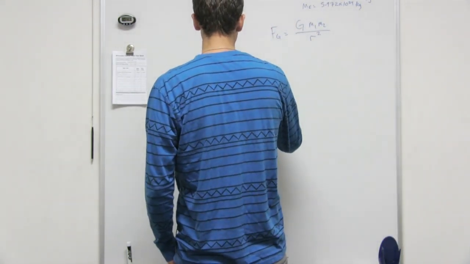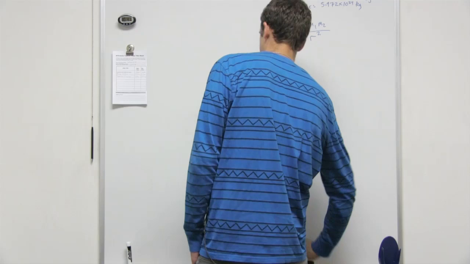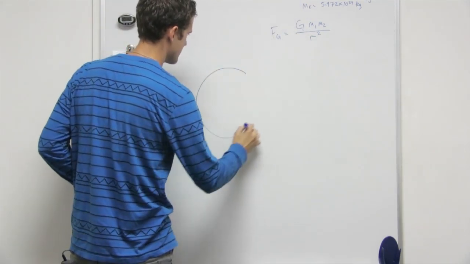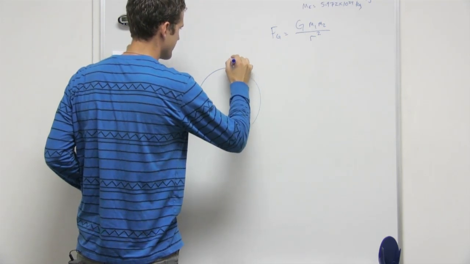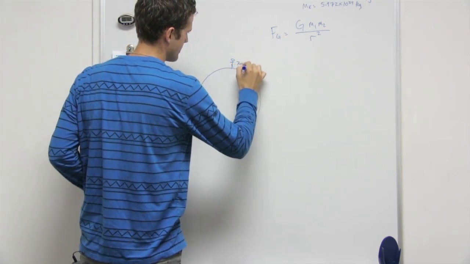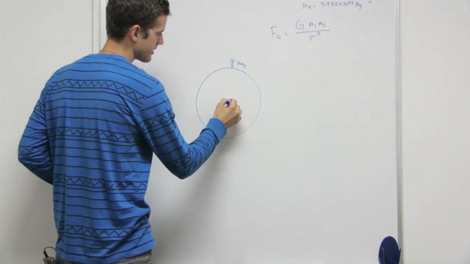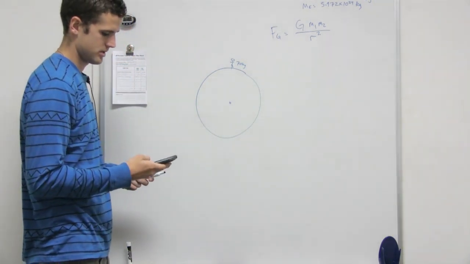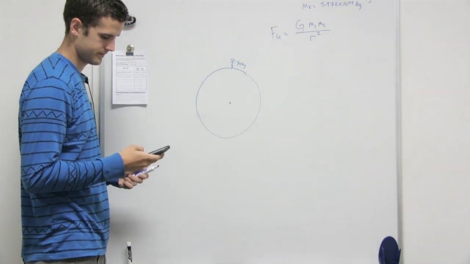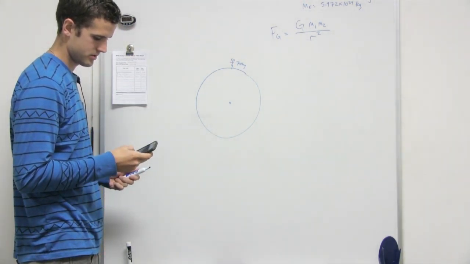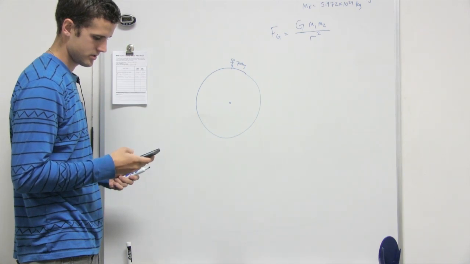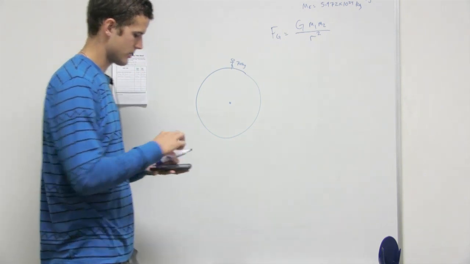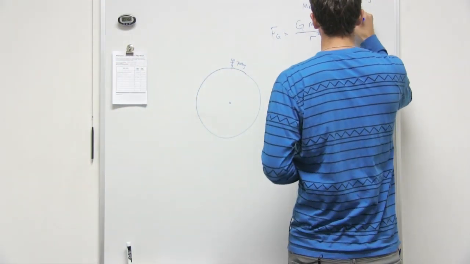But then if you do force of gravity, say we got that same 70 kilogram person standing on the surface of the Earth. What's the radius of the Earth? 6,371 kilometers.